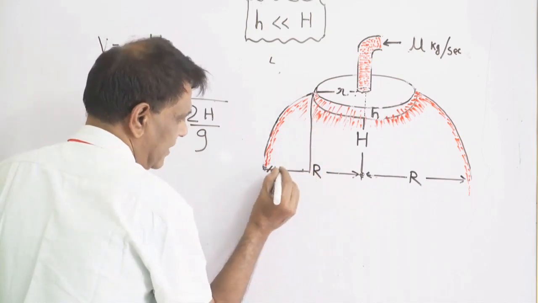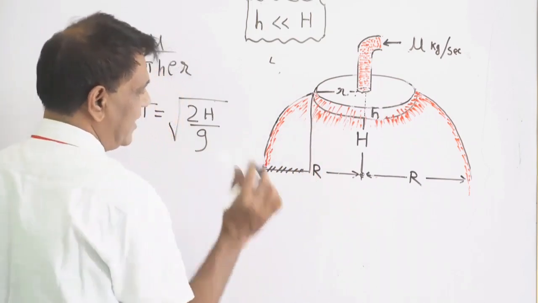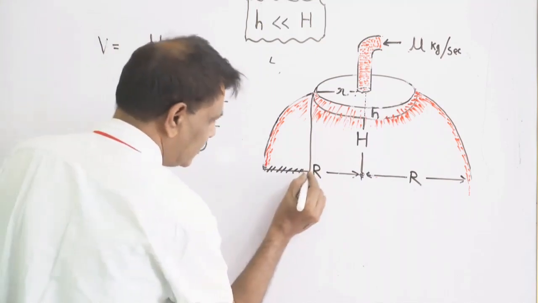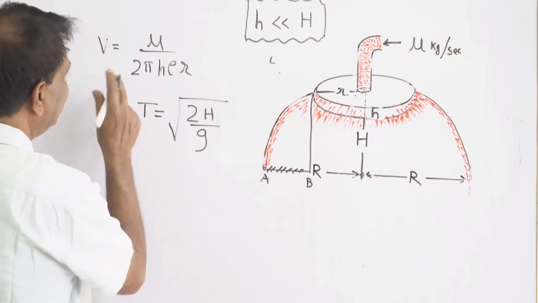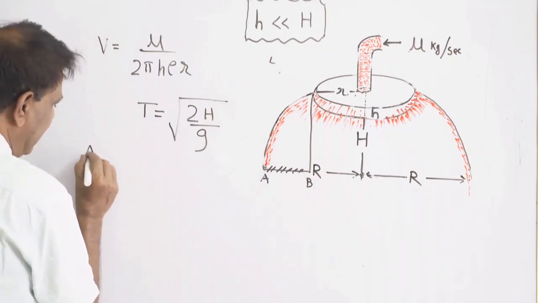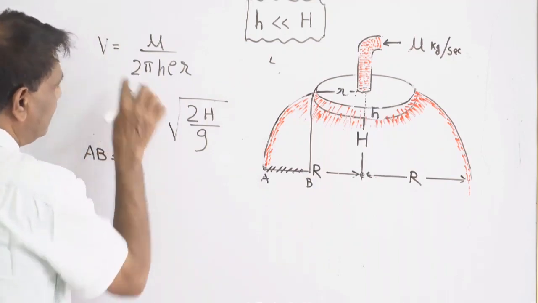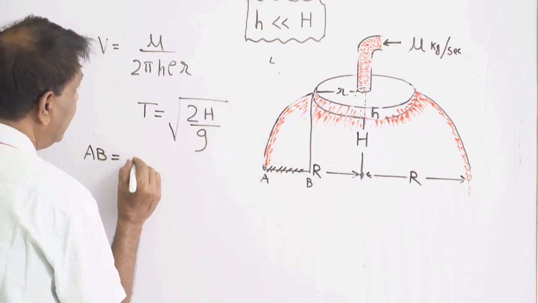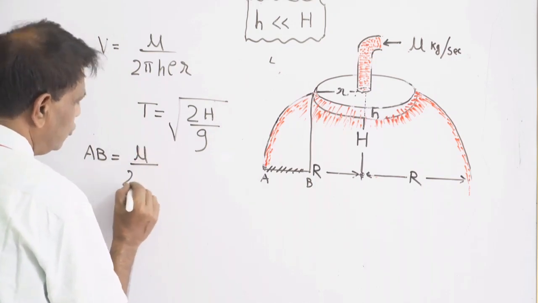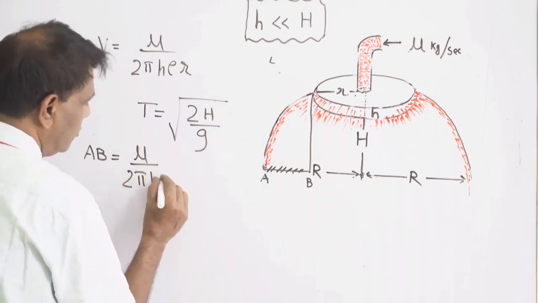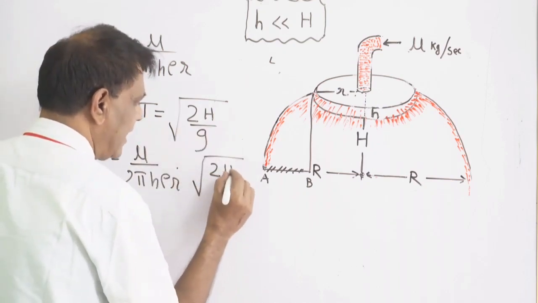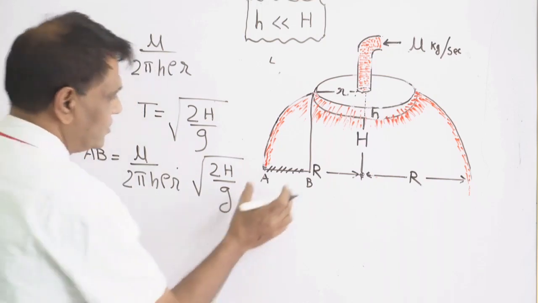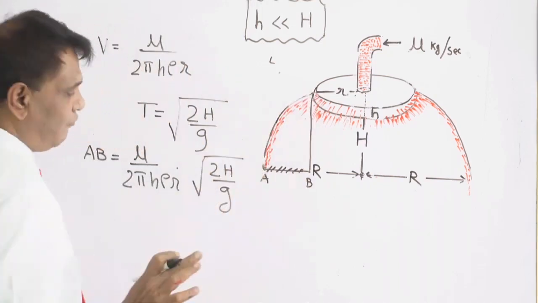Let this be AB. So AB, the range, is given by v into time of flight. V is mu over 2 pi h rho r and time of flight is under root 2H by g. So this range we got of water.